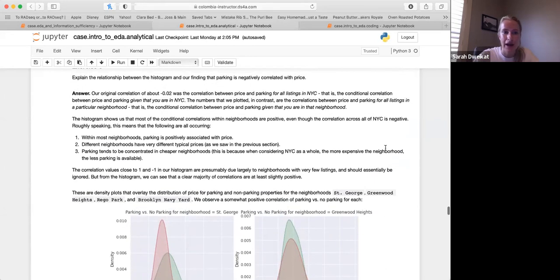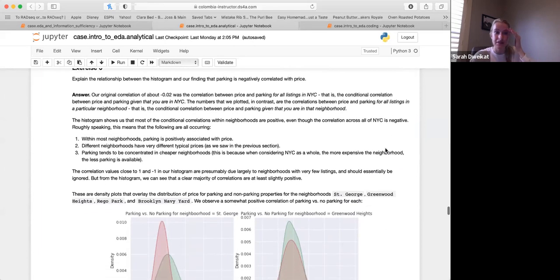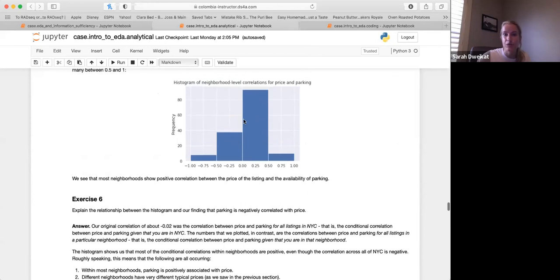Let me go back up to exercise 6 just to clarify that answer, to make sure that makes sense to everyone. When we're looking at all listings, that's how we get that 0 number for correlation. But when we break it up into independent neighborhoods, we can see that there are actually more neighborhoods that have a positive correlation, but when you look at overall listings, there may not be that many listings in these neighborhoods.